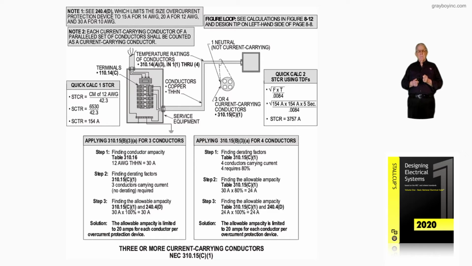Finding the allowable ampacity in accordance with table 310.15B as in boy 1, the number 8 conductor from the 90 degree column is good for 55 amp.